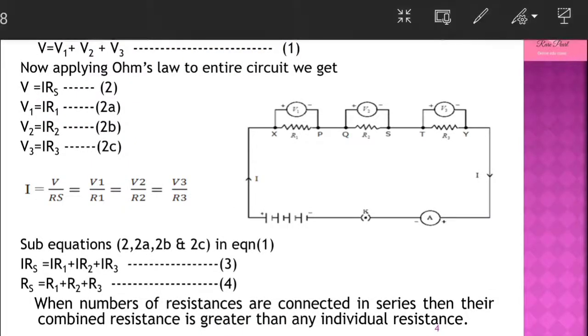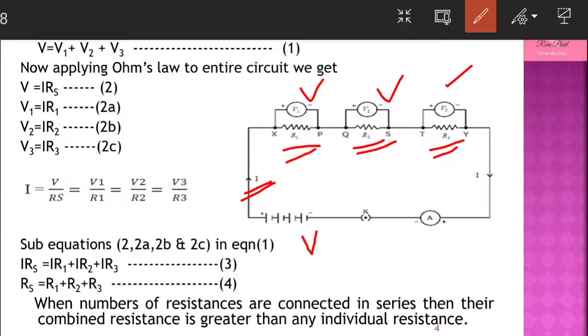We know that the current flowing through the series circuit is the same, whereas potential drops are different. That is, the voltage divides, as a function of resistance. So the supply voltage will be equal to the sum of voltages V1, V2 and V3. Let us take it as equation number 1.